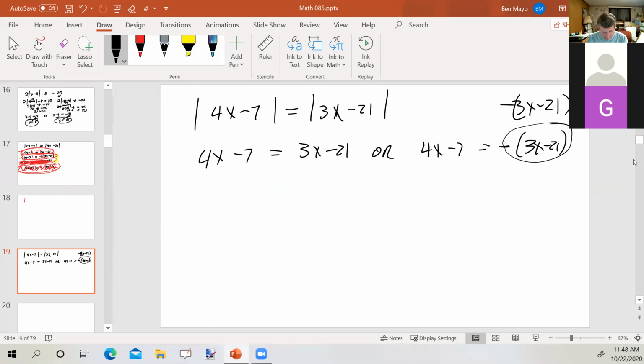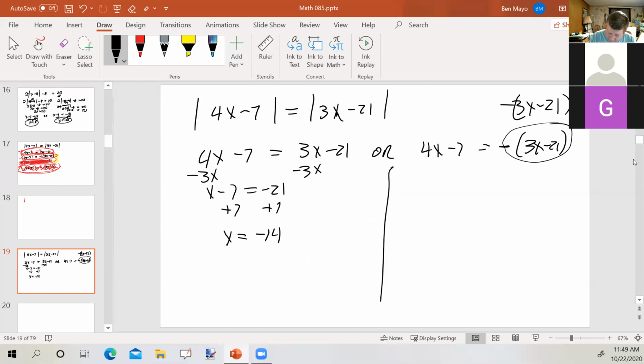Okay? So now, solving these two equations, the first one, I'll subtract 3x and I get x minus 7 equals -21. I'll add 7 and I get x equals -14. The second one, 4x minus 7, I'll distribute the negative and get -3x plus 21.